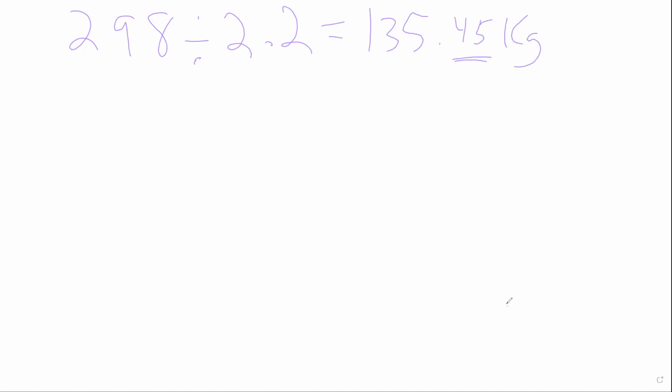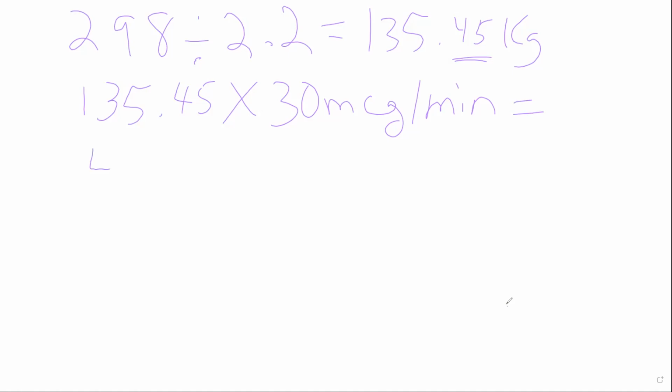Now we're going to take that weight and multiply it by our ordered dose, which is 30 micrograms per minute. That gives us 4,063.63 infinity. Again, we're leaving everything in the calculator.